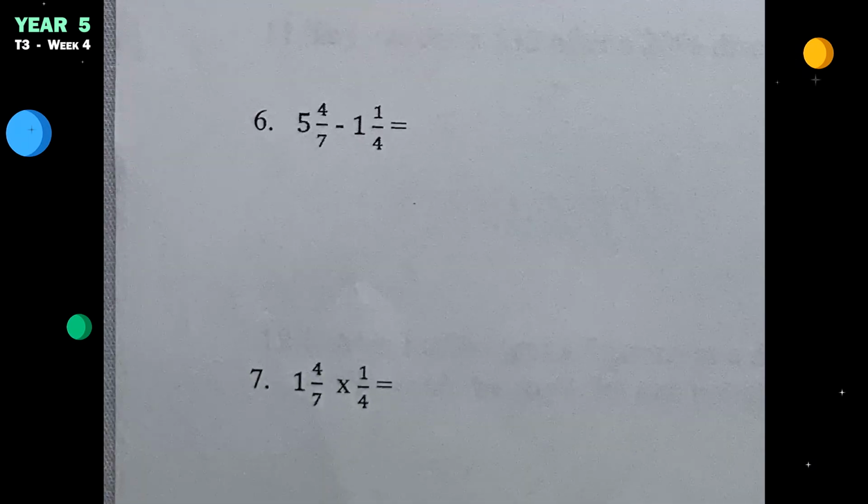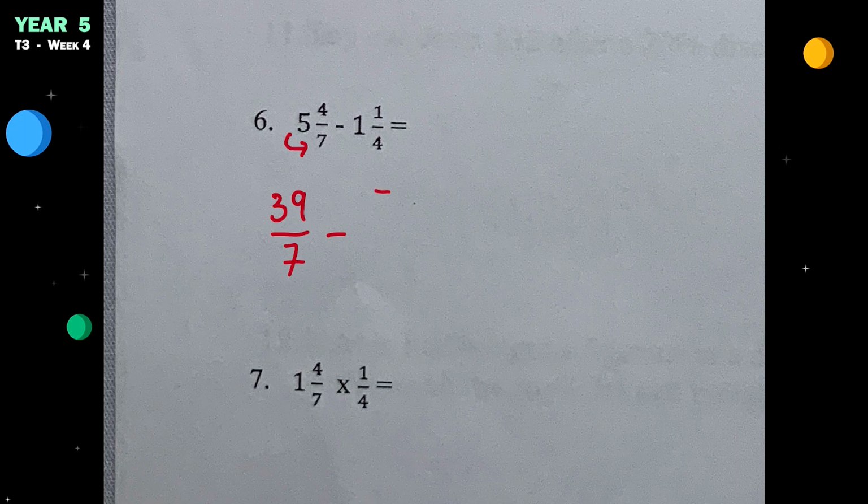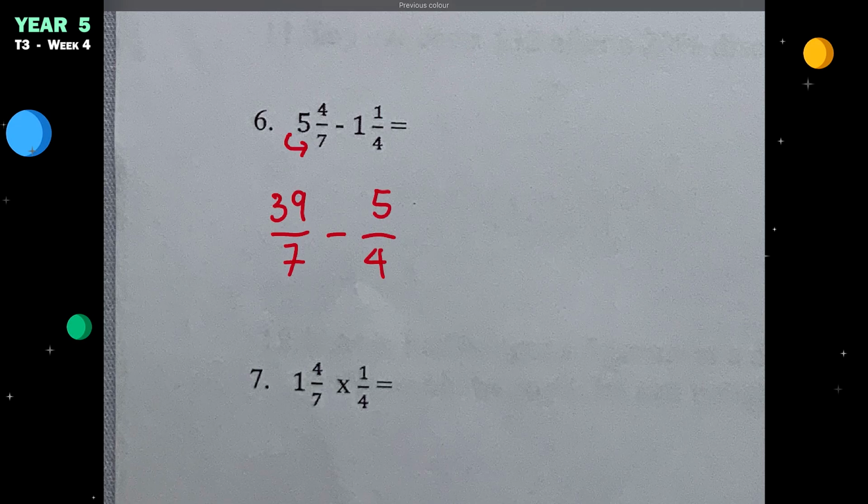Next one is you got subtraction of mixed numerals. So let's again turn it into an improper fraction. 5 times 7 is 35. 35 plus 4 is 39. 39 on 7. Take away 1 times 4 is 4 plus 1 is 5. So that's 5 on 4. In order to minus fractions, we must make the bottom number the same.